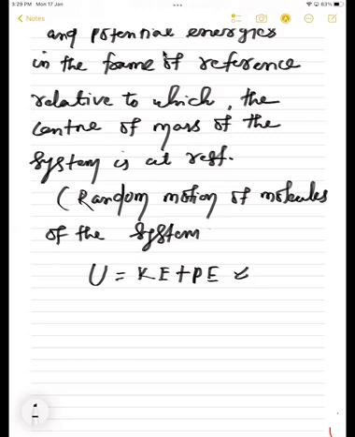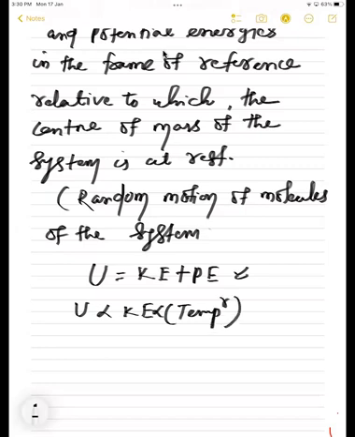In this case, no molecular attraction is there. Internal energy of an ideal gas is totally kinetic, and it directly depends on temperature. That means there is no potential energy; internal energy is kinetic energy, directly proportional to temperature.